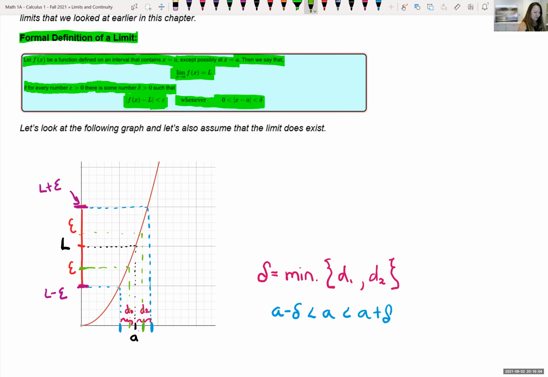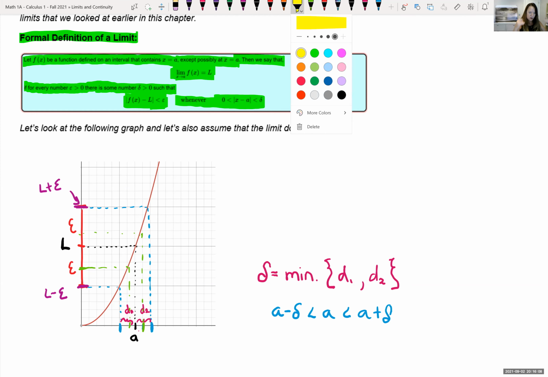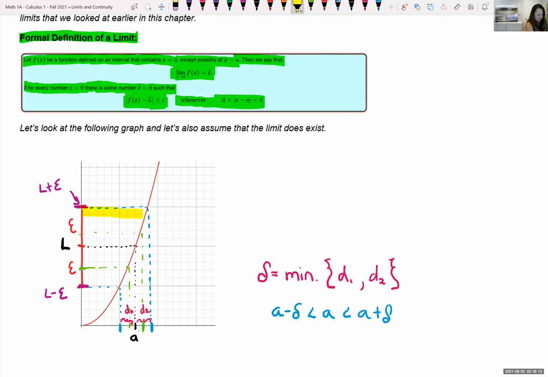It's sometimes helpful to look at this like I did with the horizontal and vertical lines. As long as we're in between these values, we're good. Anything you choose in between here is going to be mapped back over here.